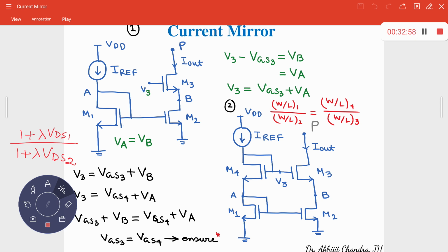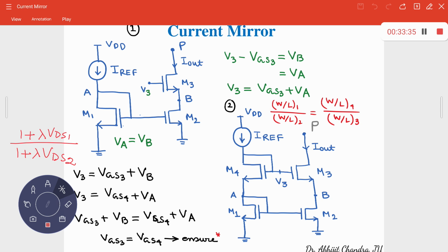So on top of this MOS M1, I need to add another MOS. And once I add this particular MOS, then from here to here, what is the voltage? Basically the gate source voltage. We already have VA, plus I require another gate source voltage. So you have VA over there, and from here to here you have another gate source voltage, and that voltage has to be equal to the V3 voltage.